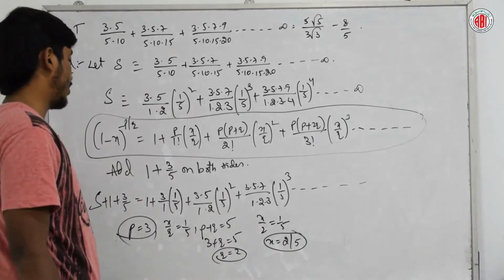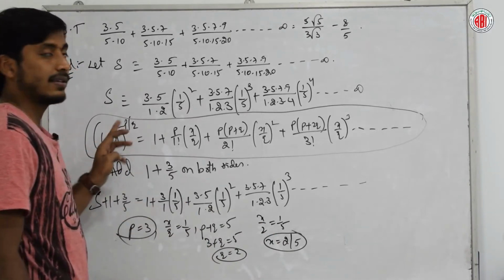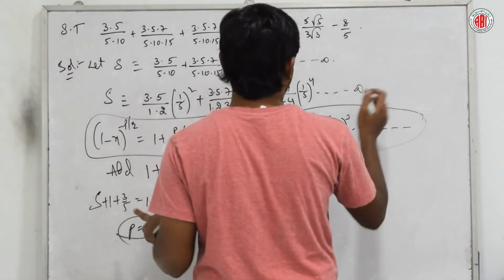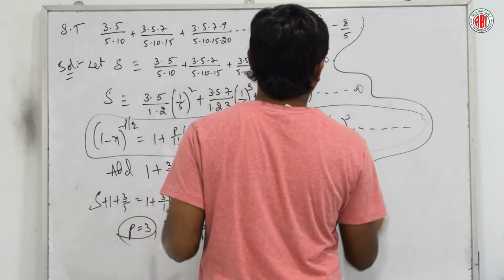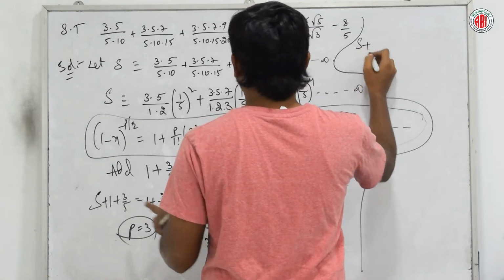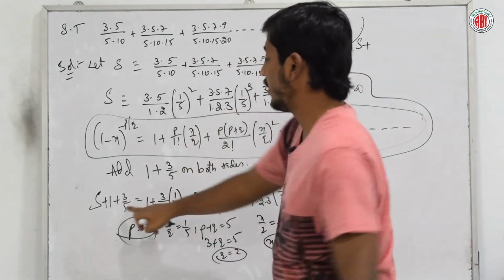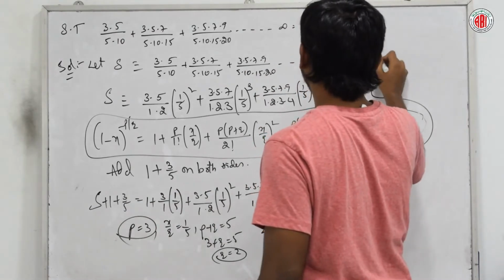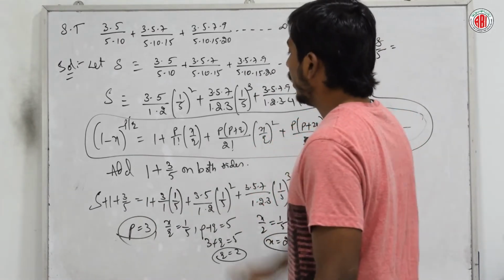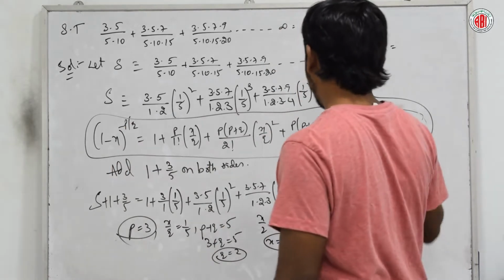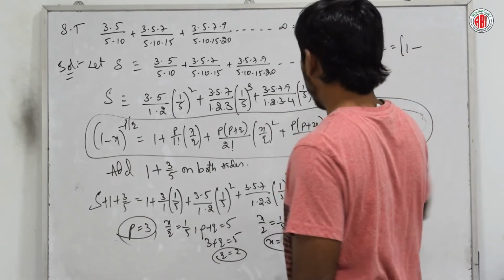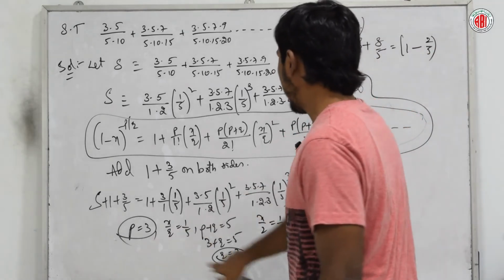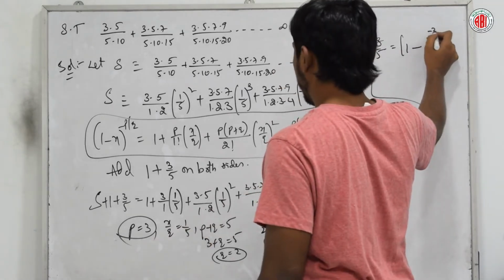We can directly substitute them in this formula. Right? This is S plus 1 plus 3 by 5. What will it be? 5 ones are 5 plus 3 by 5, that is 8 by 5, is equal to 1 minus x power minus p by q. That is 1 minus 2 by 5 power minus 3 by 2.